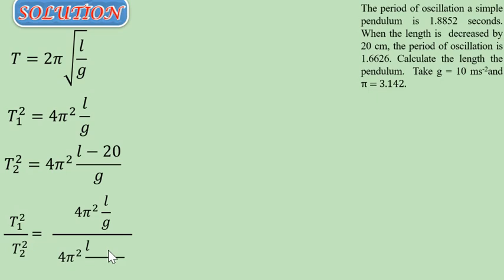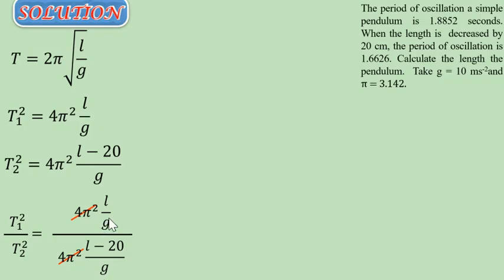Now we have the ratio of the left-hand side and the ratio of the right-hand side. What do you notice here? Look at the right-hand side. This is common to the denominator and the numerator, so we eliminate common factors. Is there any other common factor we can eliminate? Of course, do you see this gravity?